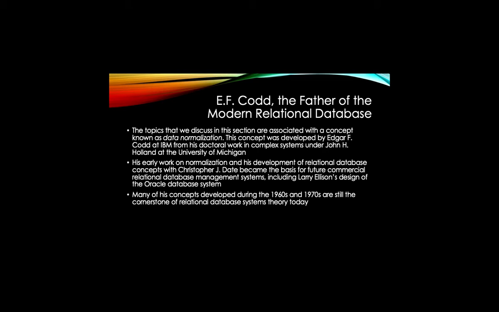So if IBM had taken the lead and started developing the product instead of letting Larry Ellison build an empire around it, the entire software market as we know it right now would probably look completely different than it does. So many of Dates and Codd's theories developed in the 60s and 70s are still implemented exactly today as they were 40, 50 years ago.